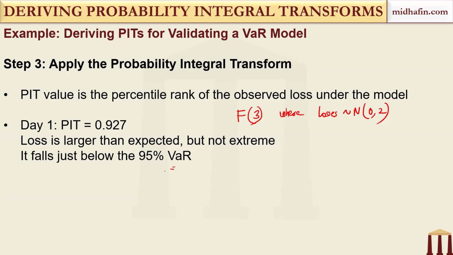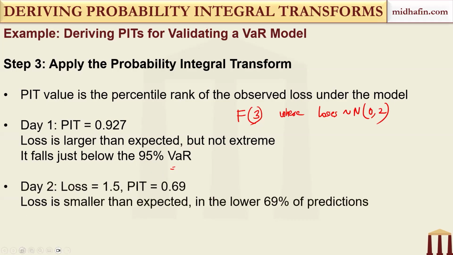Now, day 2, the observed loss is, let's say, 1.5. In this case, again, if you apply this transformation, you input 1.5 into the capital F function, and you will get 0.77. Again, this can be checked either using the Z table or Excel.